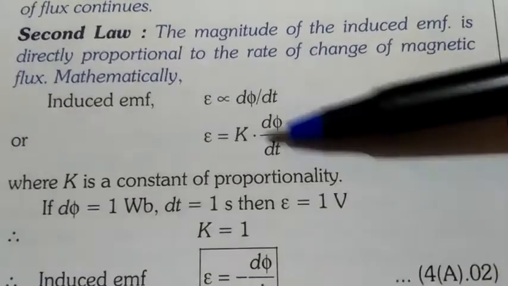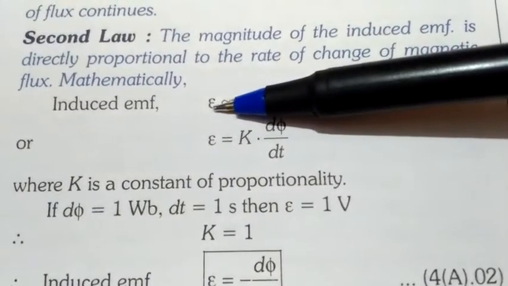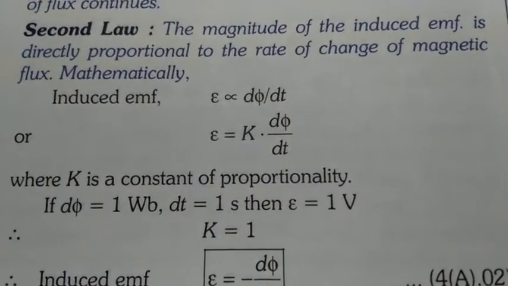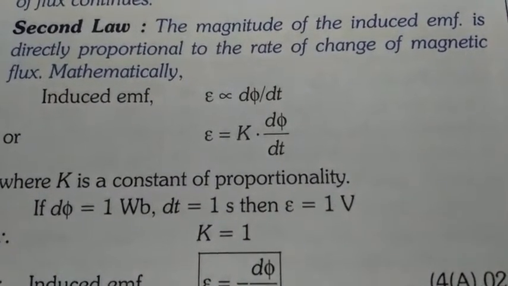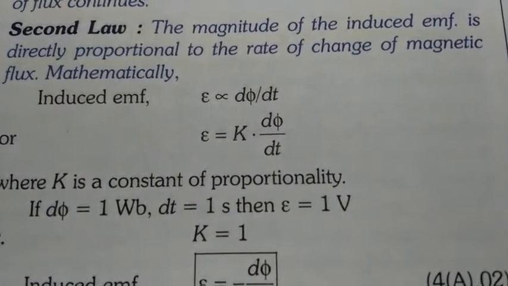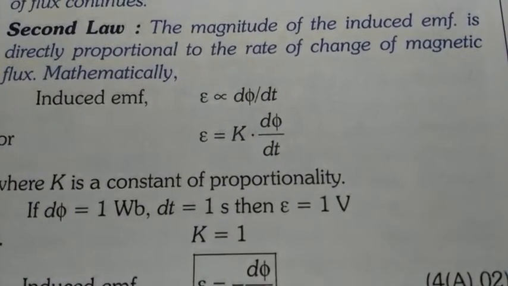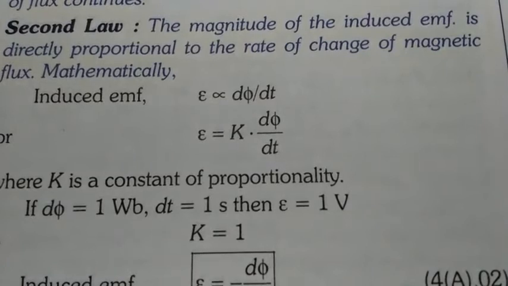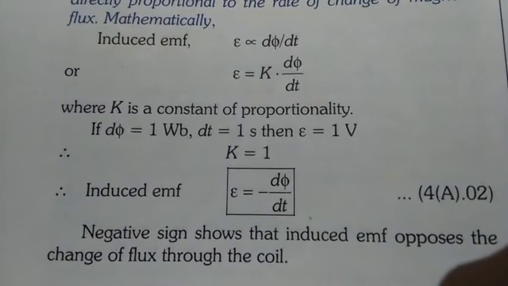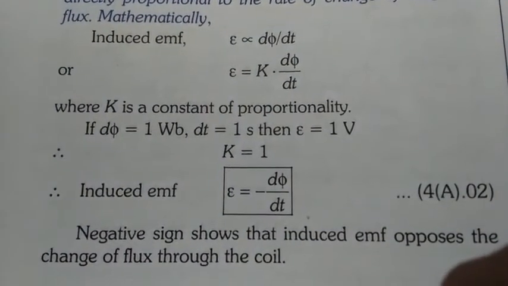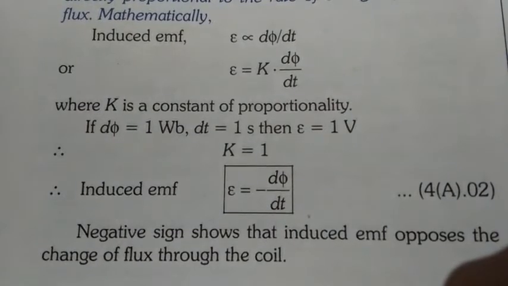So here you can see this epsilon sign. It is denoting the induced EMF, and dφ/dt is the rate of change of flux related to the circular loop. If we remove the proportionality sign, we introduce one constant of proportionality k.